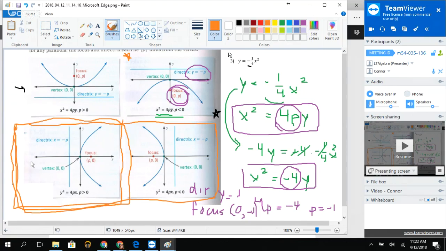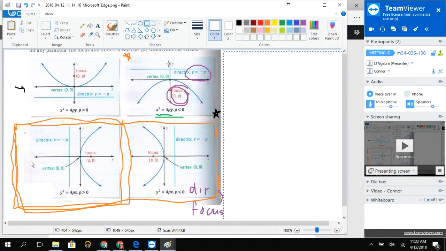So same process, right? First, I'm going to clear this off so we have some room. I'm going to snag the equation, so I'm just going to write it down. This is number 4, so it's x equals 1/3 y squared.